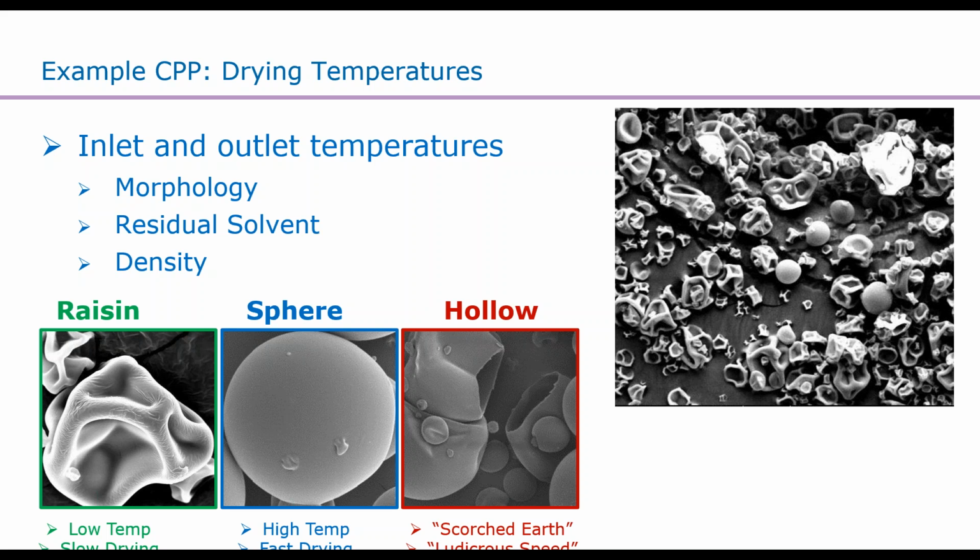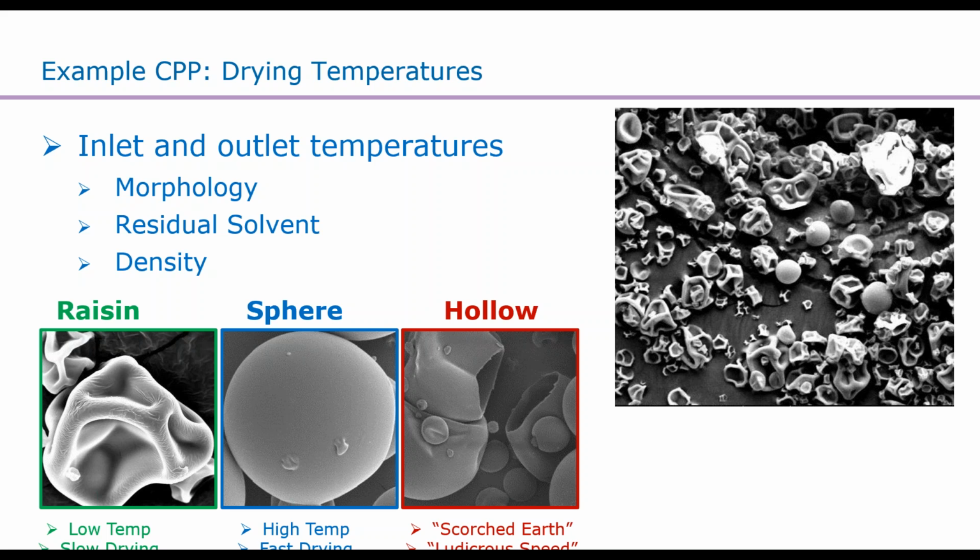And these are relatively dense, they have better flow properties, and are formed by drying at lower temperatures and thus more slowly. Spheres, shown in the middle, are generally bulky and difficult to work with during downstream processing, and are generally the result of drying at higher temperatures and thus more quickly. If you set your inlet temperature to the scorched earth setting and are drying at ludicrous speed, you may even burst those spheres open, which creates even bulkier material and more issues with downstream processing.